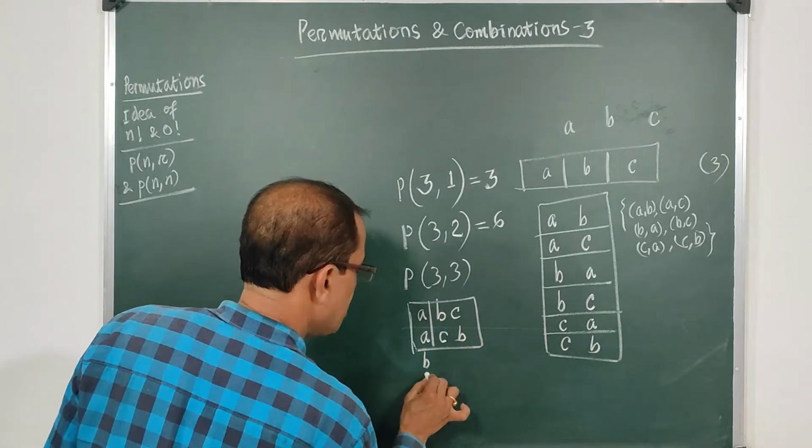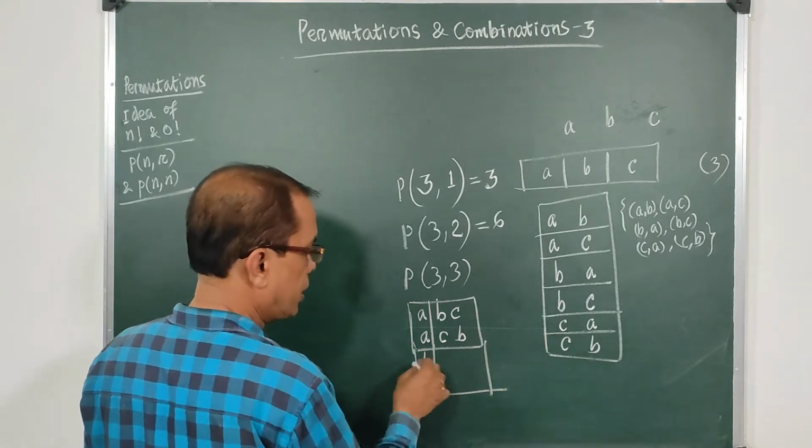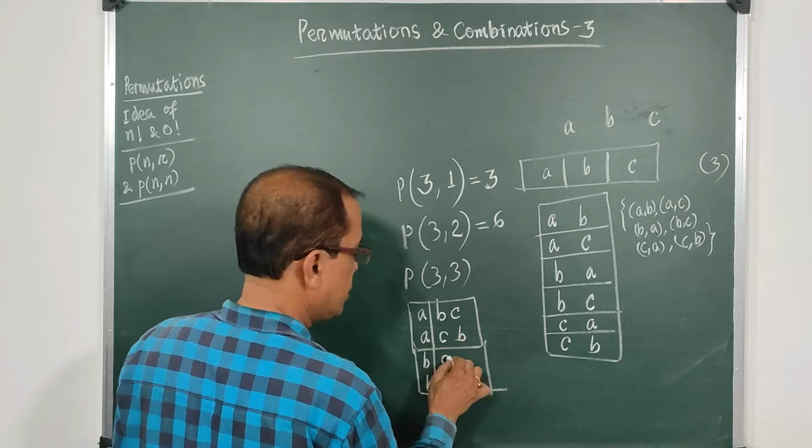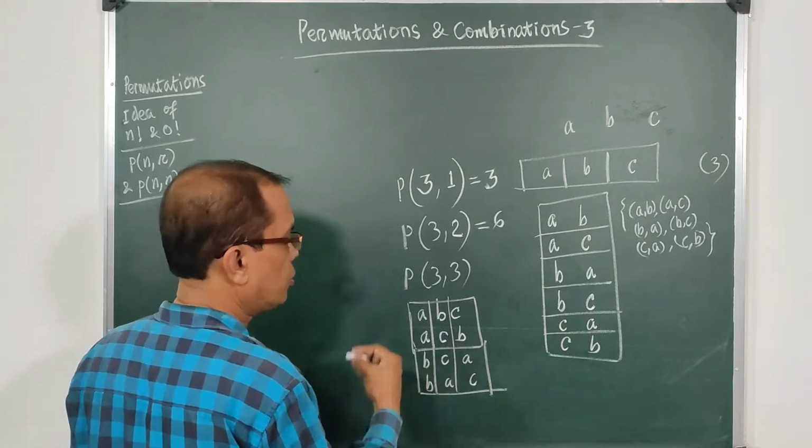If I choose B first, there will also be 2 choices. You can see them. I take first B, then C and A, or then A and C. So in this way I get 2 more.